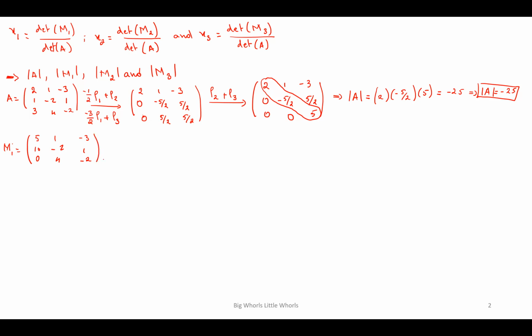And let's do Gauss's method. Okay, so we have minus 2 rho 1 plus rho 2. So we have 5, 1, minus 3, and minus 2 rho 1 gives us 0.